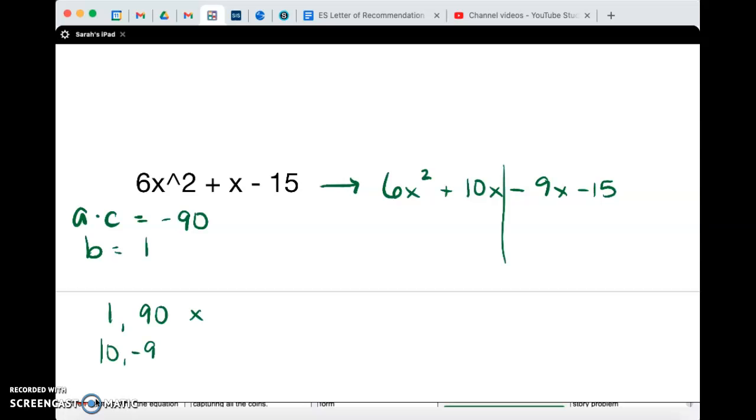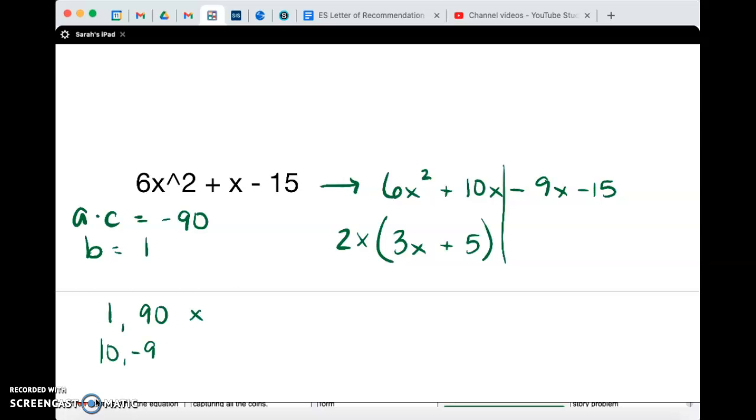So, cutting it in half, working with the first two, what can I take out? 2x. So if I divide 2x out of both of these, I get 3x plus 5. And then the other two terms, negative 9x and negative 15.